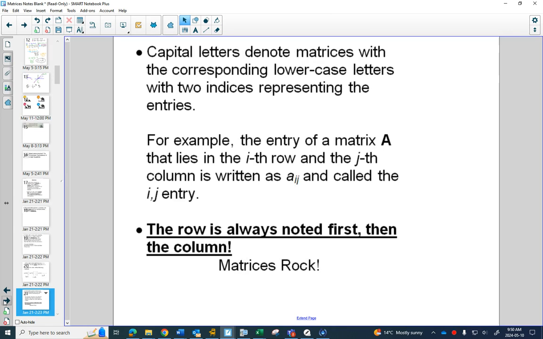When we're labeling matrices, we usually call a matrix with a capital letter, and then we call the little entries with a little letter and 2 little numbers to represent which row and which column. Again, row is always first, column is always second, matrices rock.